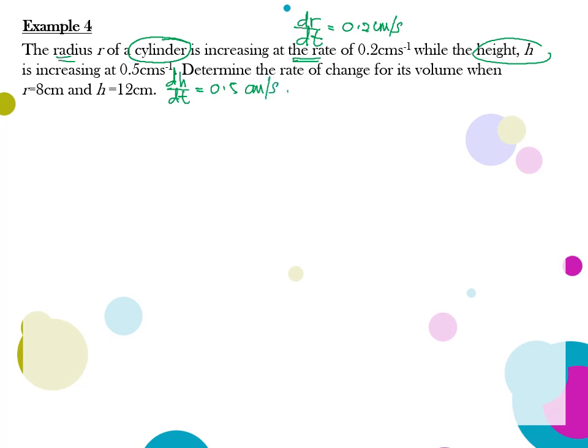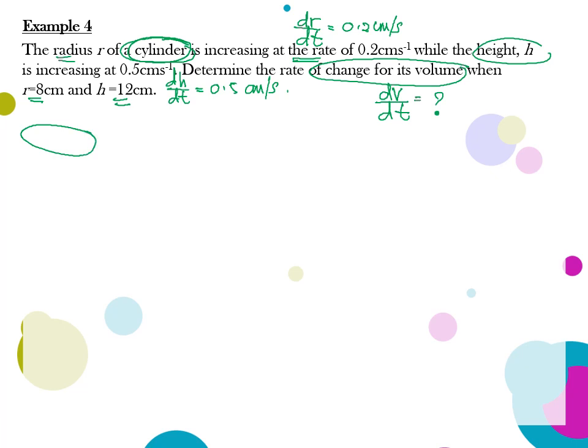Then determine the rate of change for the volume, dV dt, when your R is equal to 8 and your H is equal to 12. Now you need to find this. So you need to formulate a formula of the volume for a cylinder. So we draw a cylinder.